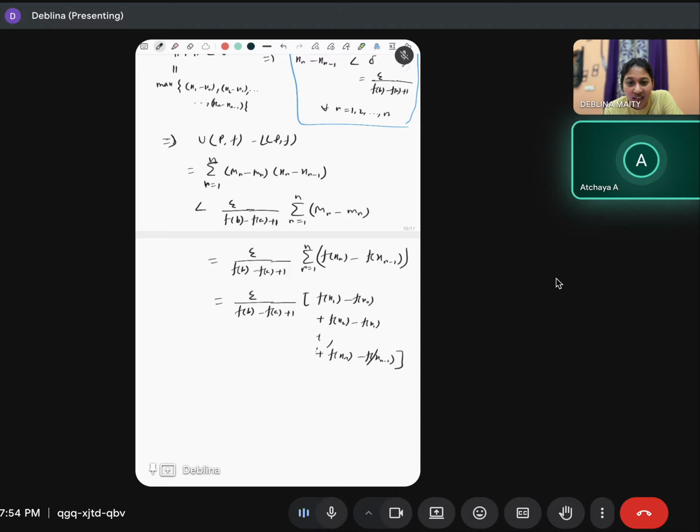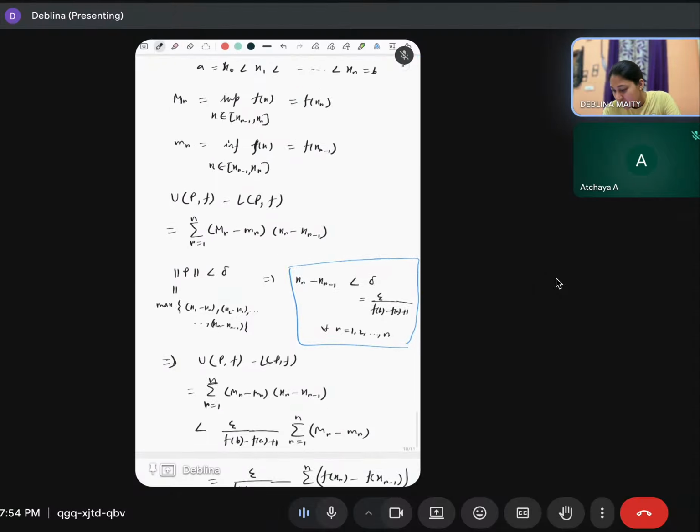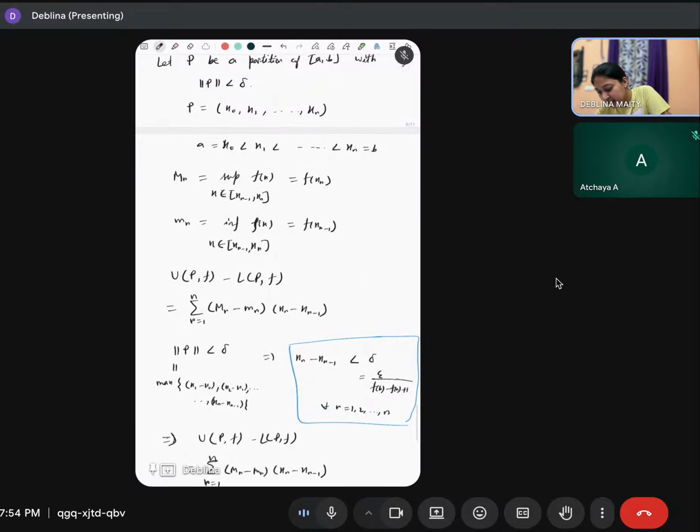Yes, we have already proved that capital Mr is f(xr) and small mr is f(x(r-1)) because it is a monotone function.